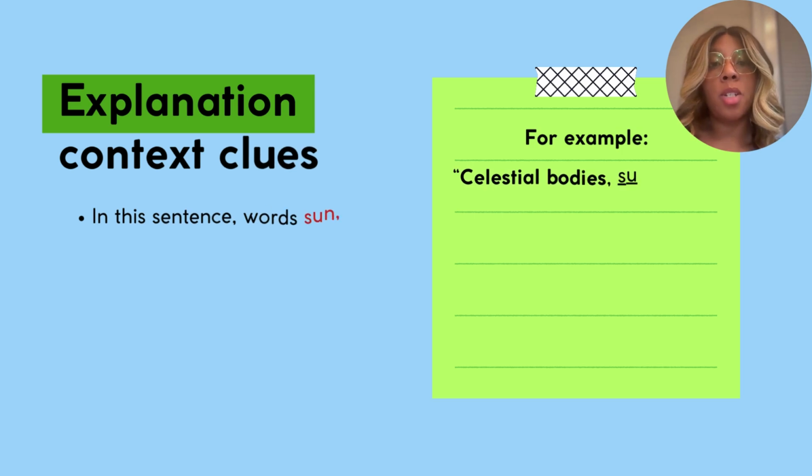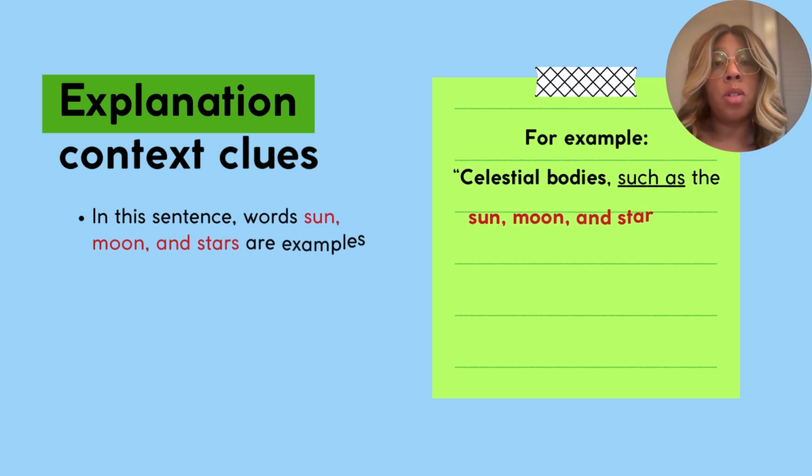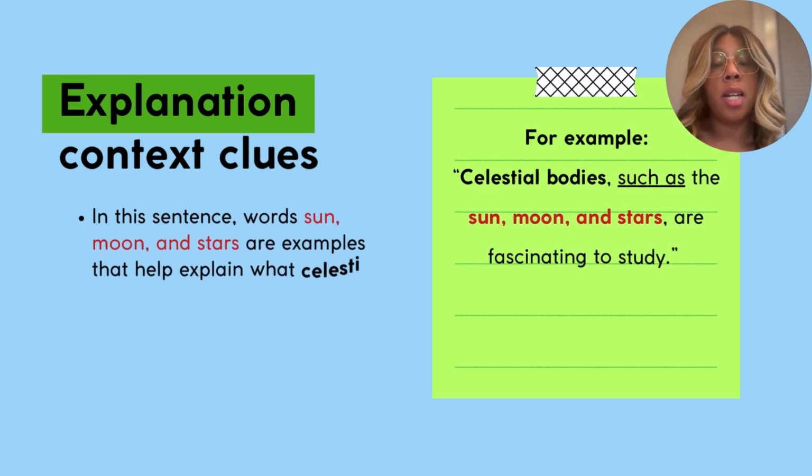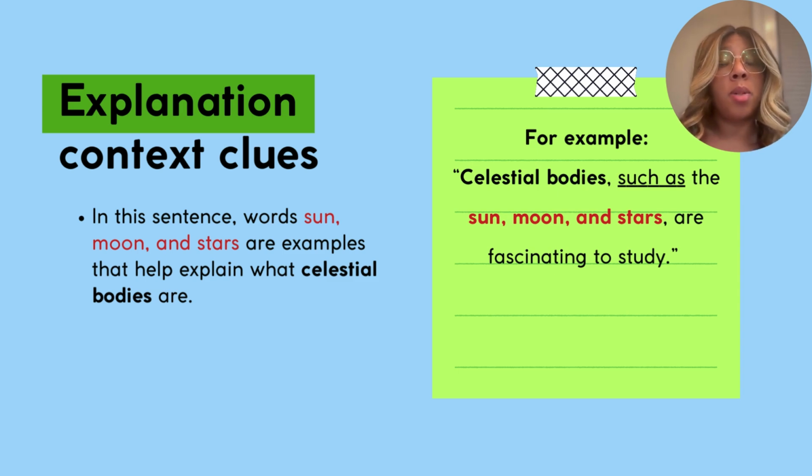Celestial bodies such as sun, moon, and stars are fascinating to study. Oh, look at that. And I see a clue that lets me know what the example is. Such as is now cluing me in that sun, moon, and stars are examples of celestial bodies.